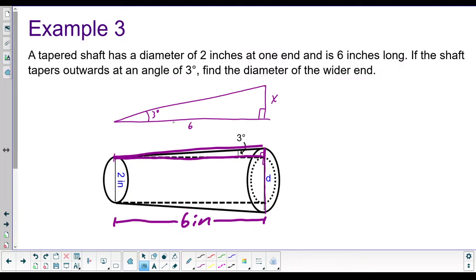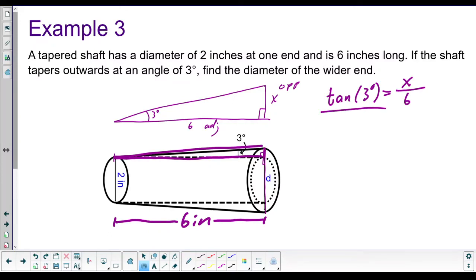So let's set up a trig ratio. Here's our angle. This is the opposite side from the angle we know. This is the adjacent side from the angle we know. So we need to use tangent. So this is going to be tangent of 3 degrees equals our opposite side divided by our adjacent side.